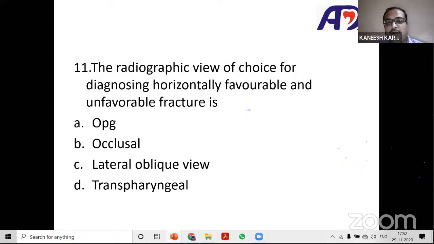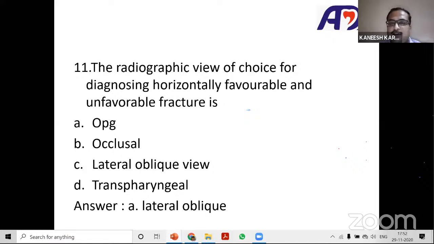The radiographic view of choice for diagnosing horizontally favorable and unfavorable fracture is, okay, let us see. The answer is lateral oblique view.